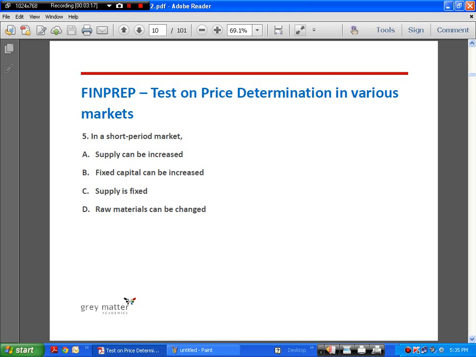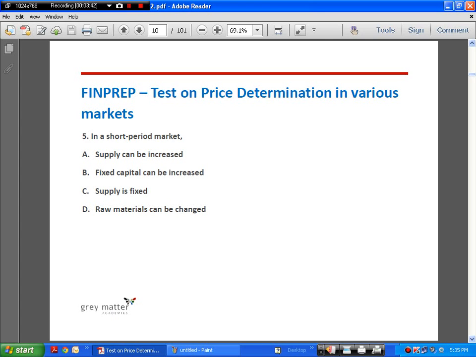Fifth question. In a short period market: supply can be increased, fixed capital can be increased, supply is fixed, raw materials can be changed. Now whether in the short period supply is fixed or not: the supply will be fixed in a market period because the time span is very short.